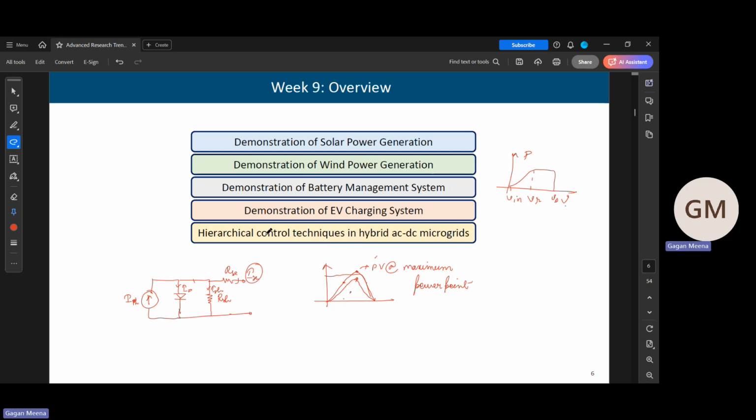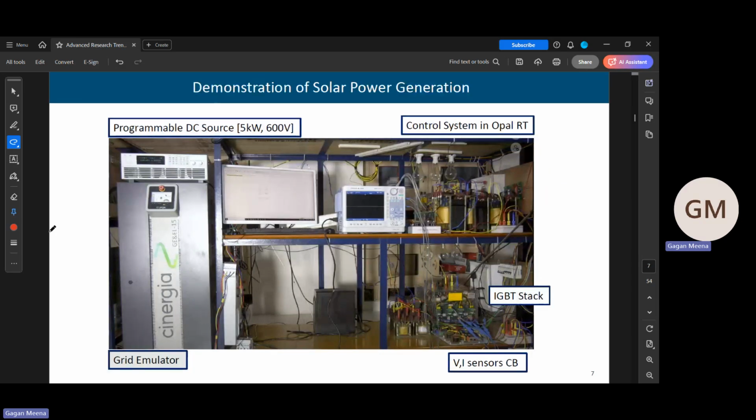The first point is the demonstration of solar power generation. Here we use a programmable DC source which works as our PV plant.